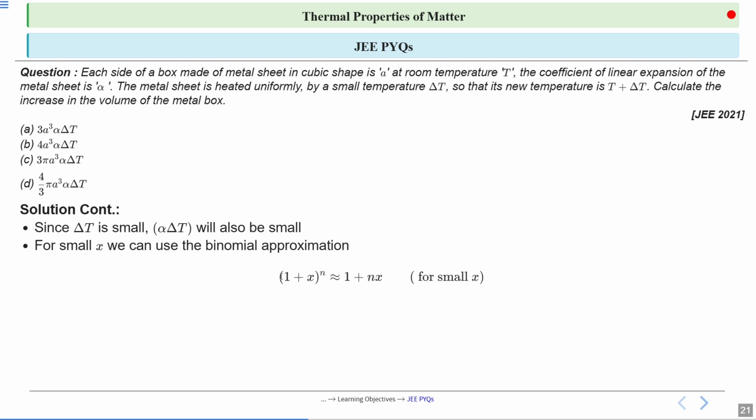The binomial expansion: 1 plus x whole power n is approximately equal to 1 plus nx for small x. Here x is equal to alpha into delta T and n equals 3. So 1 plus alpha into delta T whole power 3 is approximately equal to 1 plus 3 times alpha into delta T.